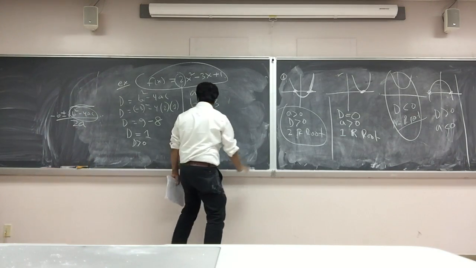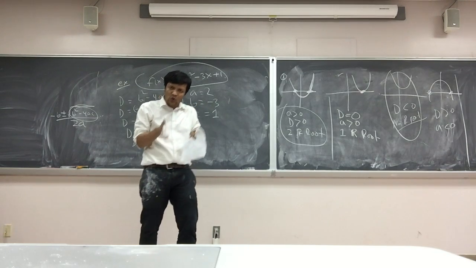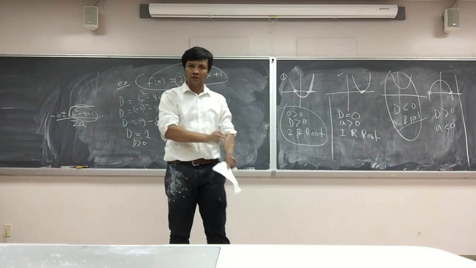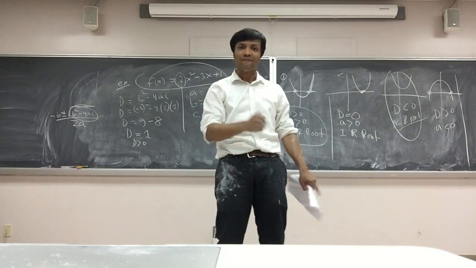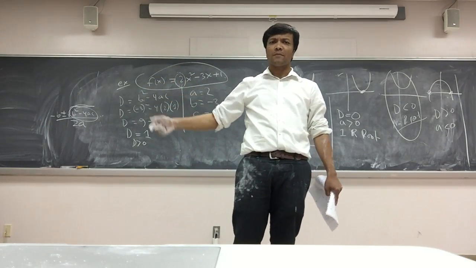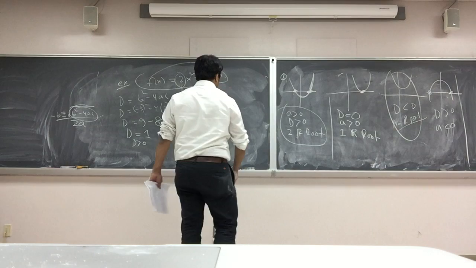So we know that there are 2 real roots of this function. We still don't know the value of it, whether it is 1, 2, 3, 4. We don't know. So let's find that out.